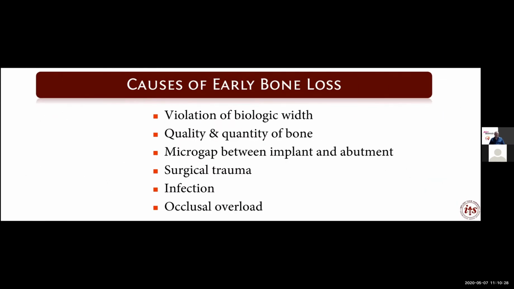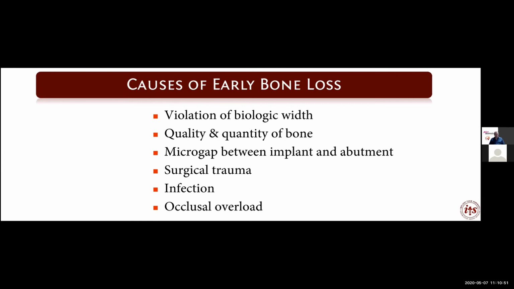There are various causes of implant failure: violation of the biologic width, quality and quantity of bone, microgap, surgical trauma, infection, occlusal overloading, which can all be combined in order to give us a less than successful approach to doing our implants.